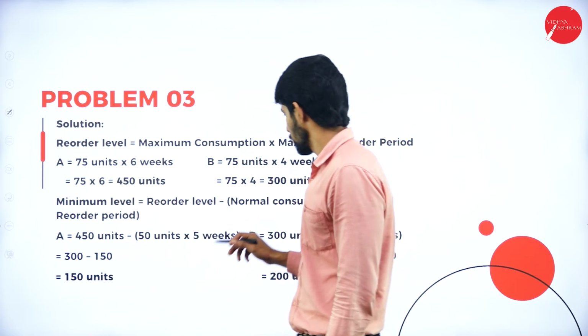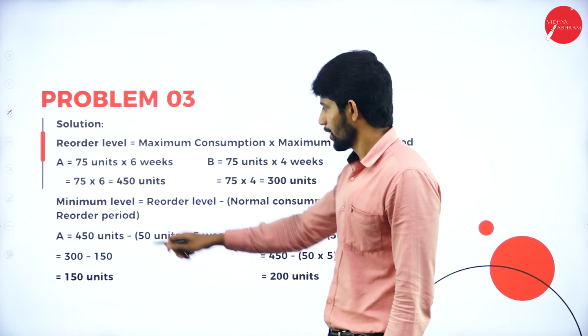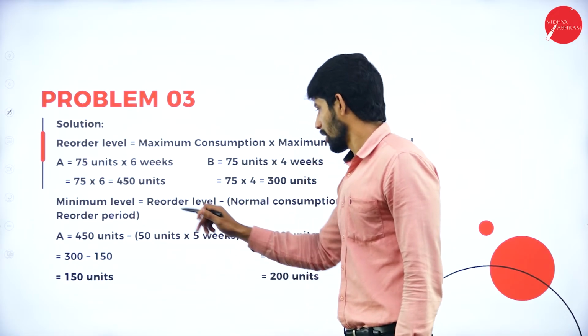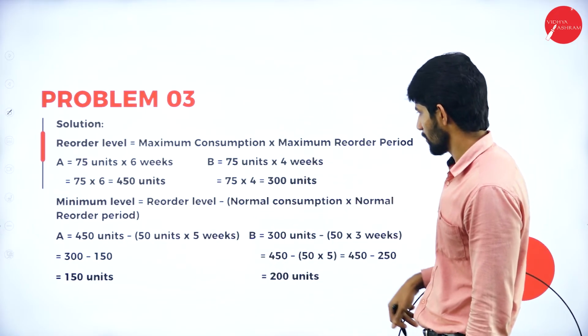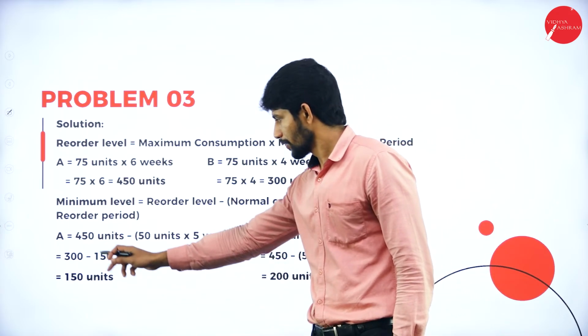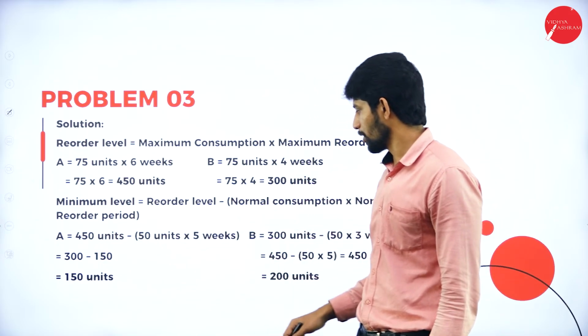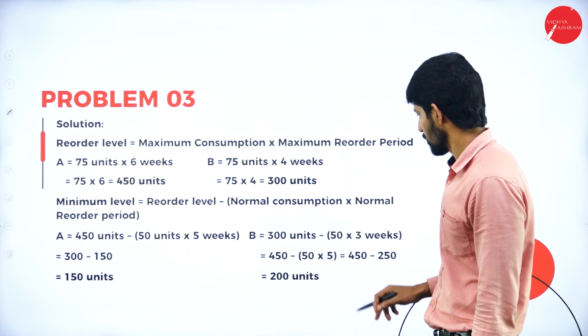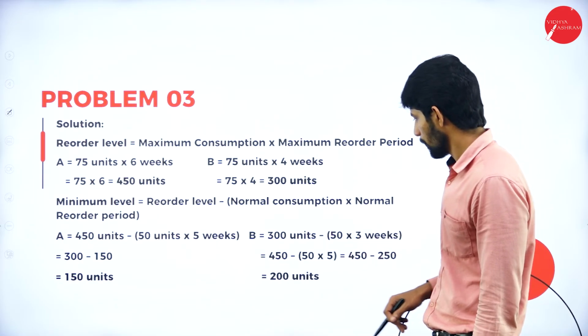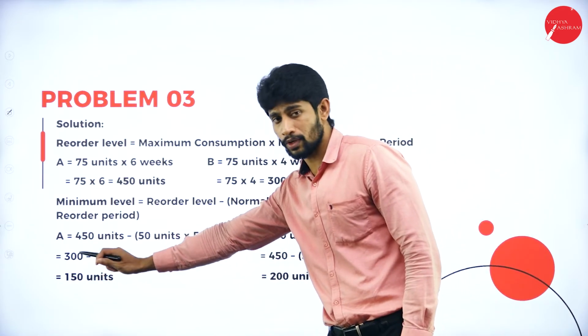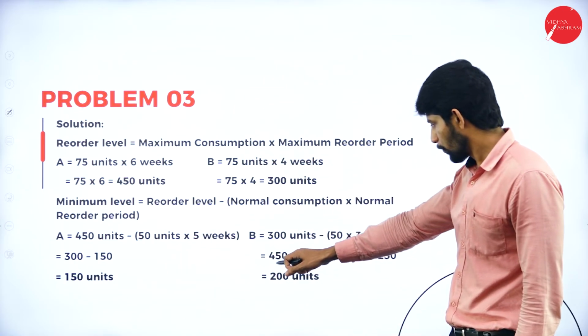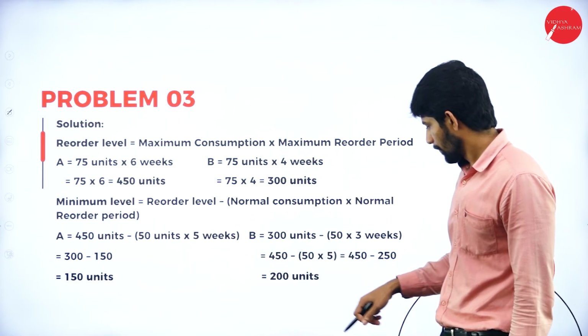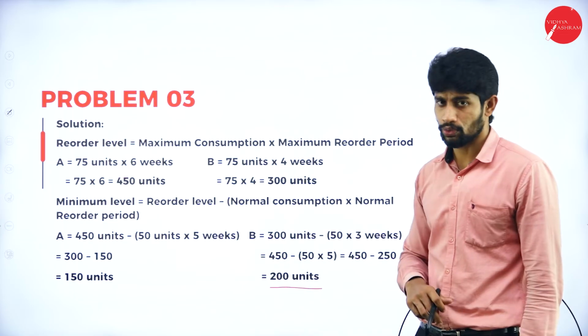You will get 450 units here, and 300 units here. Next, for minimum level, reorder level minus normal consumption into normal reorder period. So 450 minus 50 into 5, here 300 units minus 50 into 3. So here 300 minus 150, you will get 150. Here 450 minus 250, you will get 200 units.